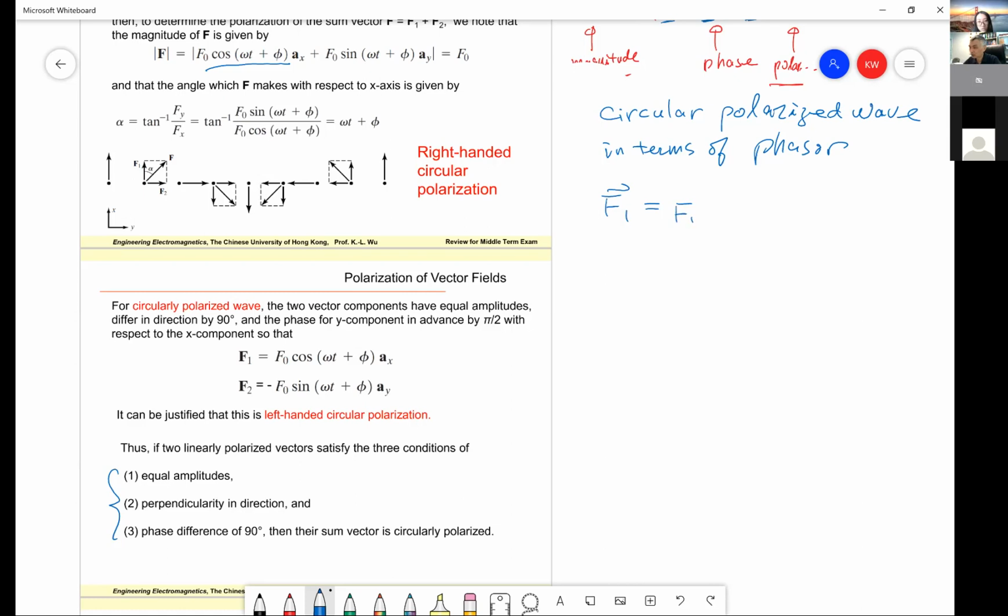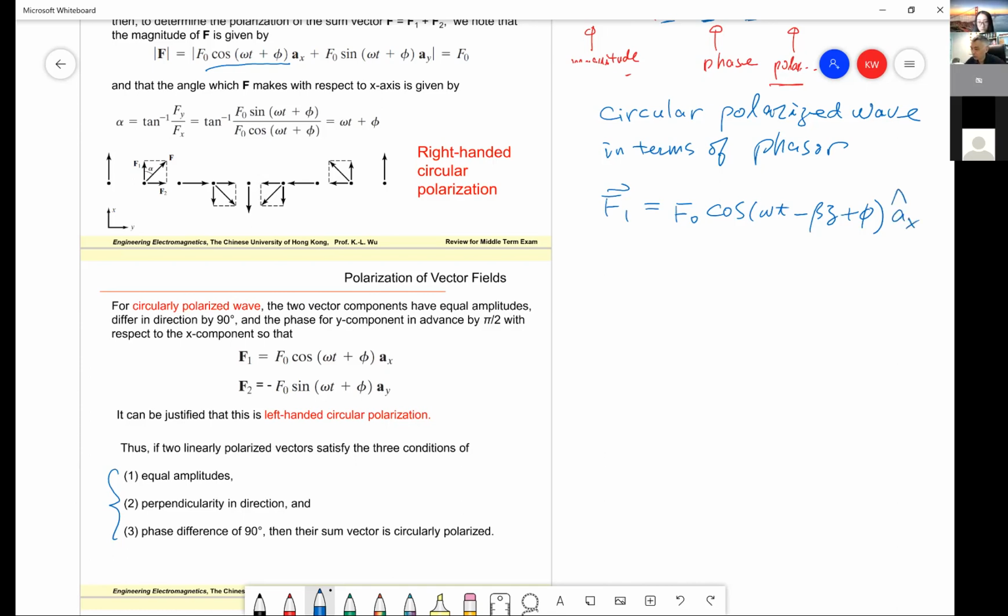We have a magnitude and then cosine of omega t. Let's suppose the wave propagates in the positive z direction, so we have minus beta z, and an initial phase, polarized in the x direction.